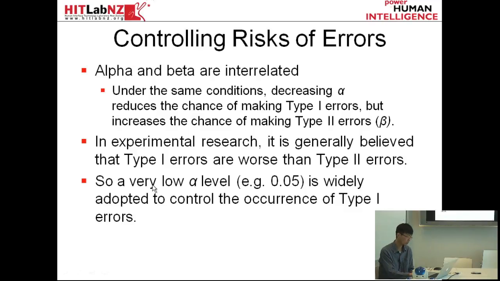So they want to keep the alpha level as low as possible, and usually in the HCI field and many other fields, a tolerable alpha level is set at around 5%, which is 0.05.